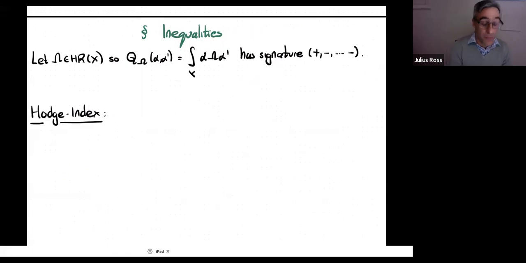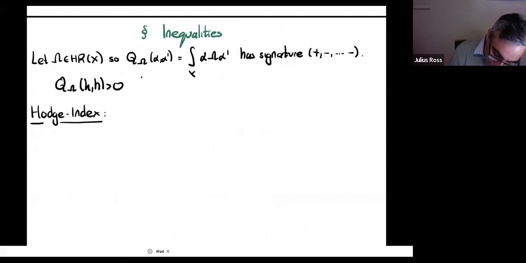So suppose I've got one of these classes, HR of X, Hodge-Riemann classes, and remind you that this is the bilinear form, this is the signature. In particular, I was always assuming that Q omega of HH is positive, where H is some positive class, let's say some ample class.